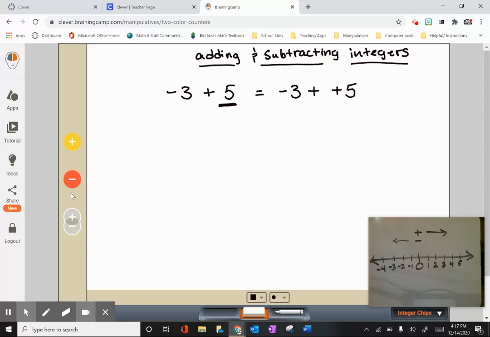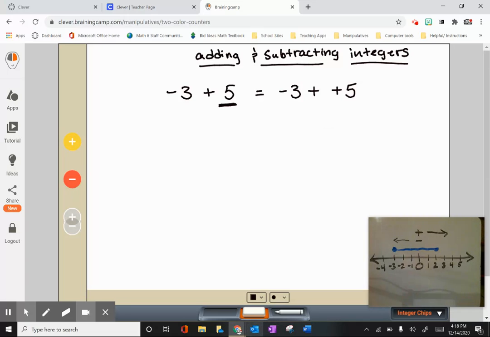So I'm going to start at negative 3 and I'm going to add 5. When you add numbers, you're going to the right. 1, 2, 3, 4, 5. So I should end up with 2 as my answer. I started at negative 3, I went 5 to the right, and I'm going to end up at positive 2.